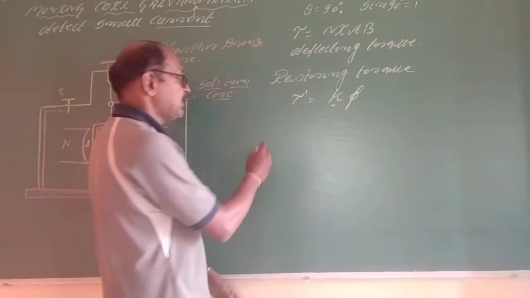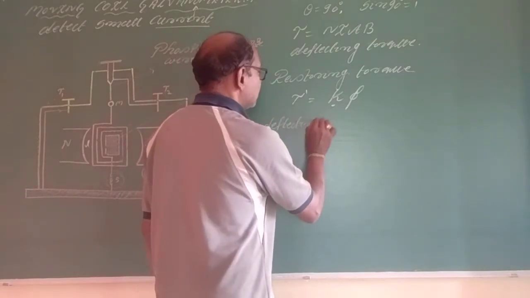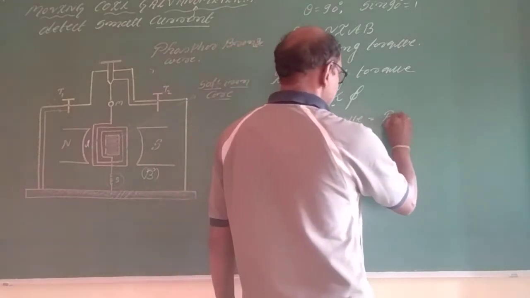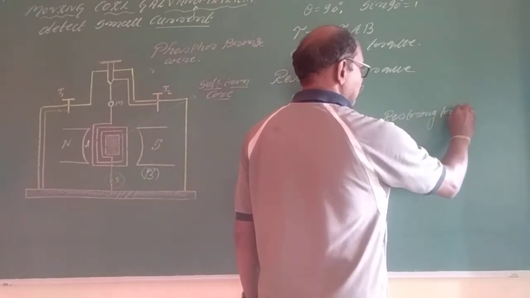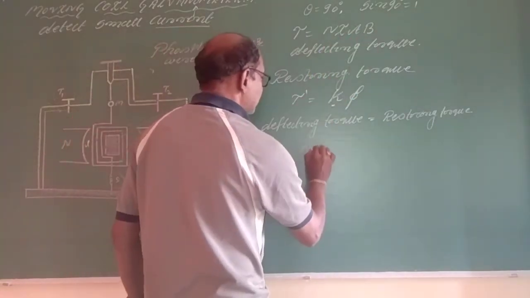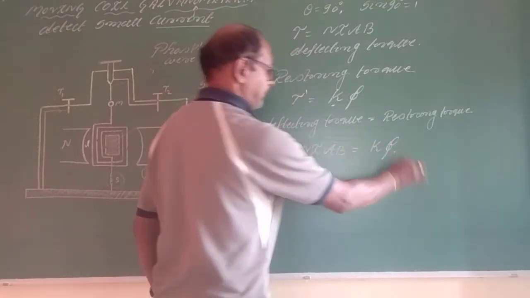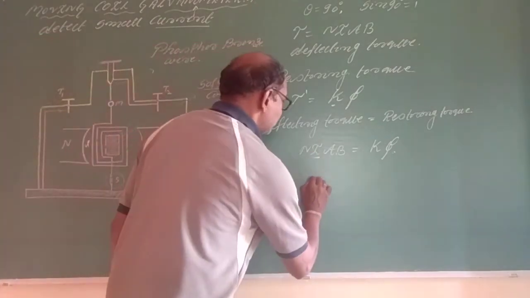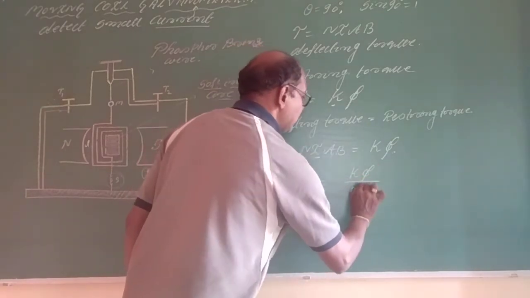So the deflecting torque N I A B is equal to K into psi. Therefore, what is I here? I can be written as K psi divided by N A B.